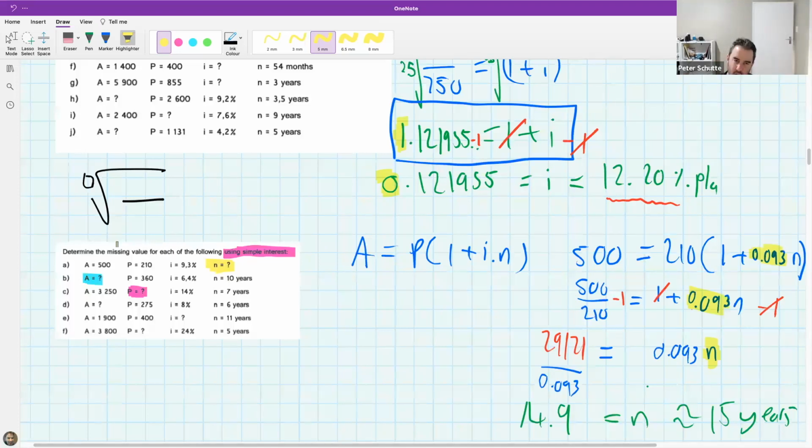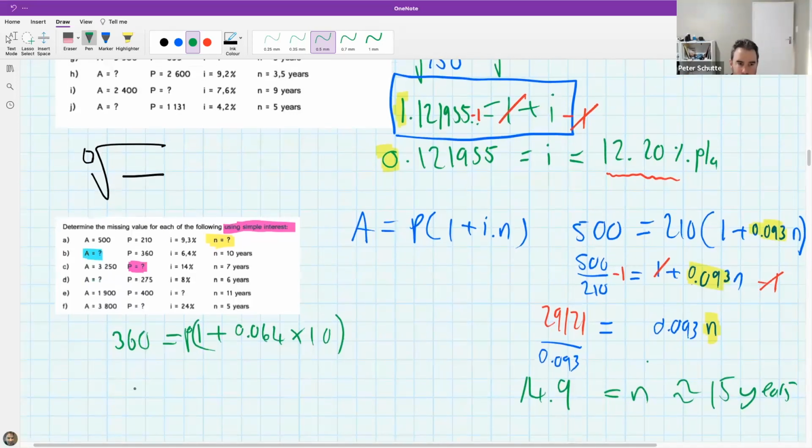We've looked at simple, we've looked at compound, and then we'll go from there. So my calculator says all of this becomes 41 over 25.